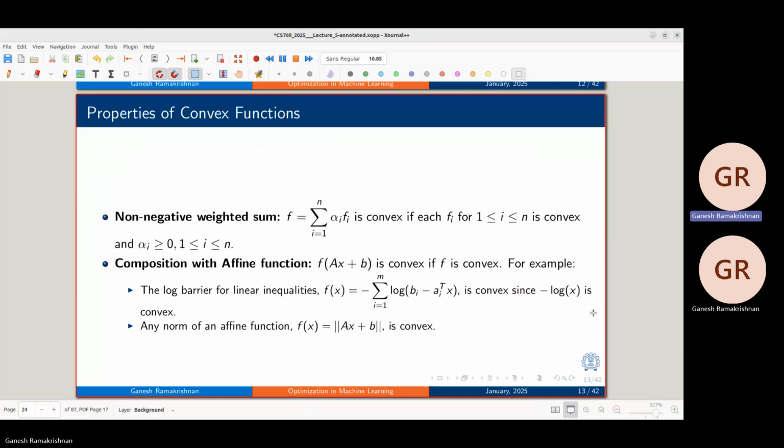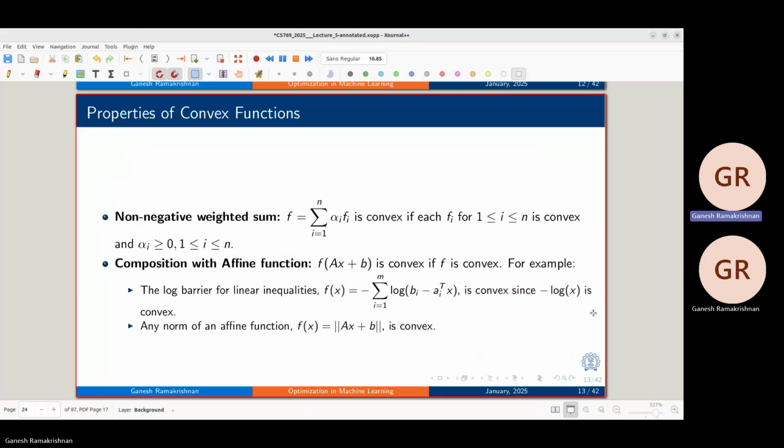Now look at this, this is interesting. This f could be defined from Rn to R.